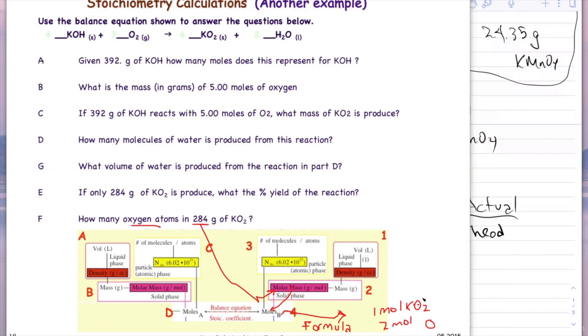So you need to relate KO2 to atoms of oxygen. And you would first need to calculate this relationship, and then you would need to use Avogadro's number to convert that many moles of oxygen to that many atoms of oxygen. So let me go ahead and clear this, and then I'll show you the setup.